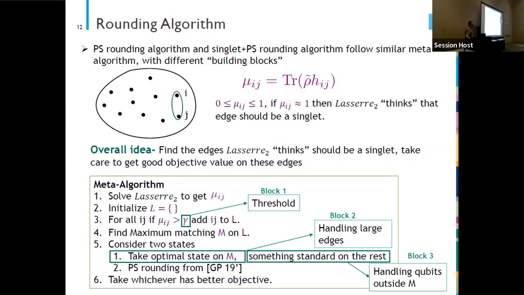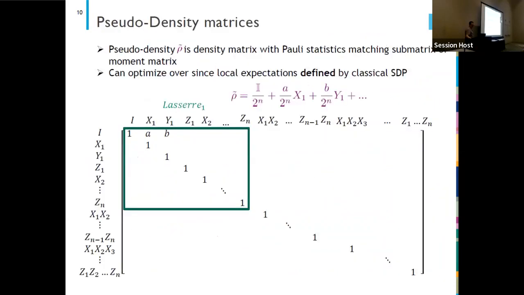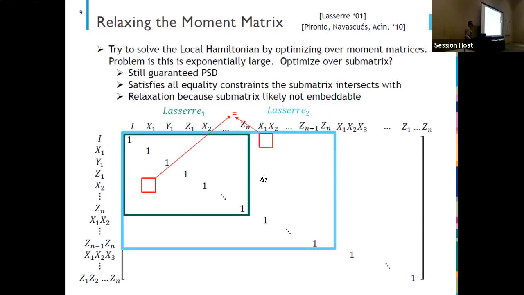For restricting yourself to small semidefinite programs with that hierarchy, this Lasserre thing is what you get. I'm not optimizing over arbitrary dimension things. I'm just saying this is a PSD matrix, this is a variable, let's optimize over it.